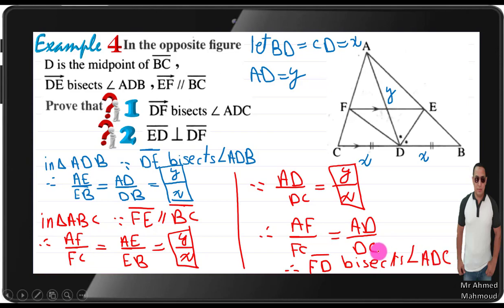This is the first required. Now I need to prove that ED is perpendicular to FD.